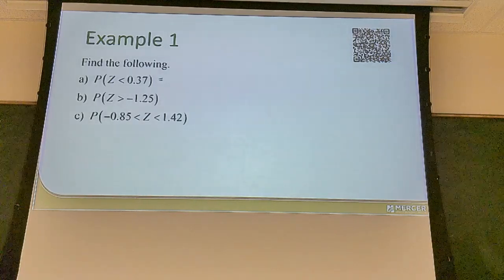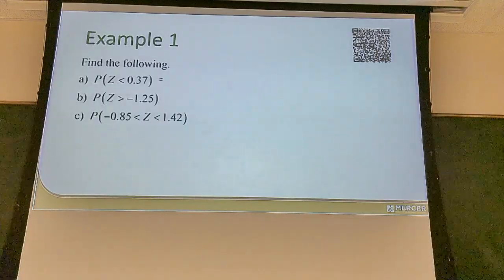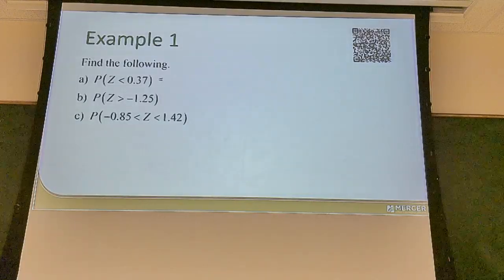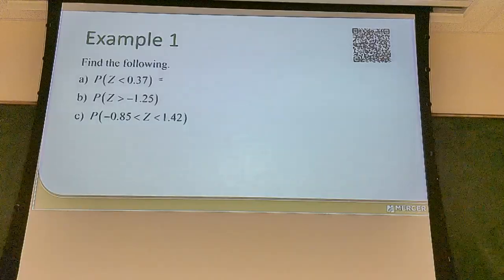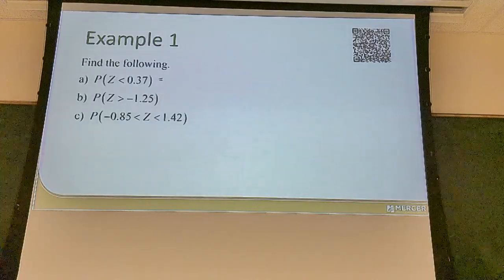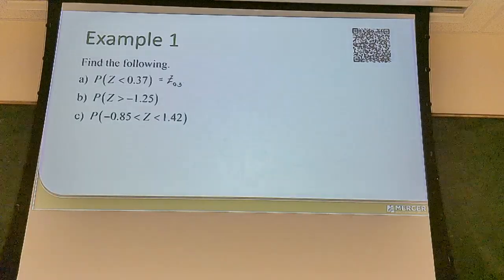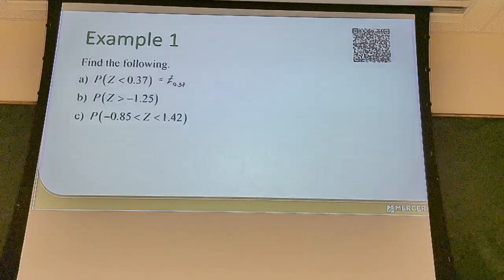Well, that is the area under the standard normal curve that is to the left of 0.37. Using that notation, we want Z sub 0.37.